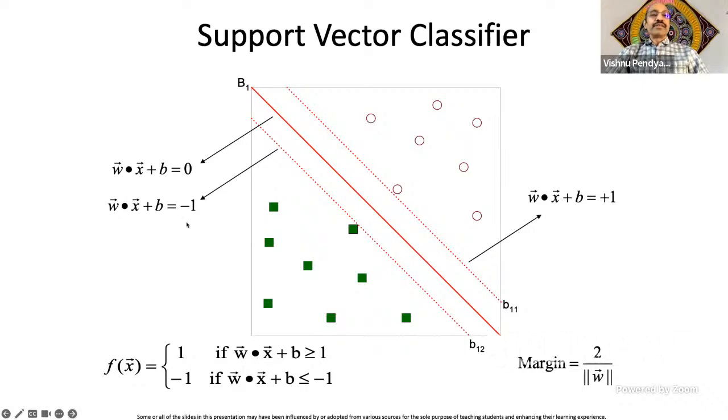The left side can be represented as Wx plus B is equal to -1, and the right margin can be represented as Wx plus B is equal to +1, where W is the weight vector and X is the feature vector. And the decision boundary itself, the maximum margin classifier, can be represented as Wx plus B is equal to 0.